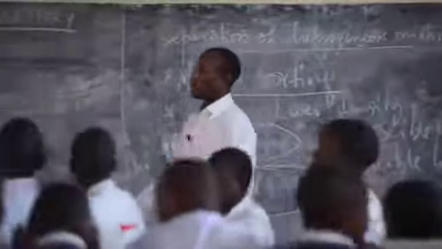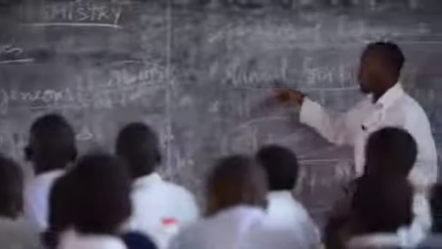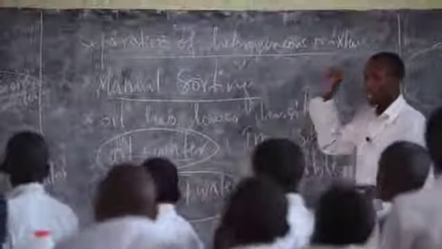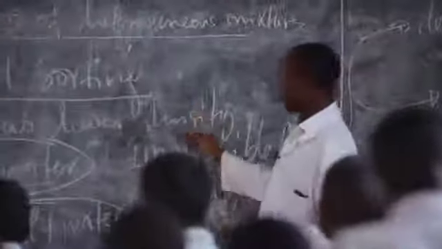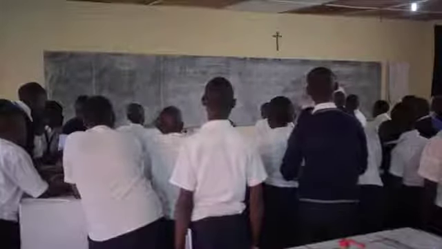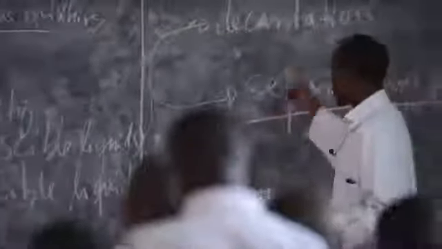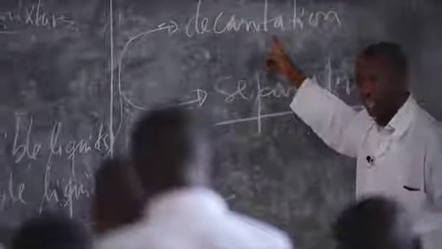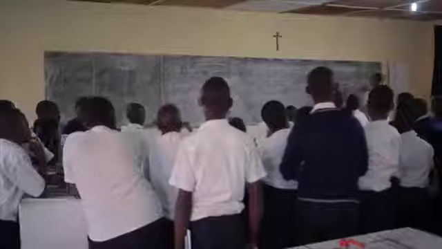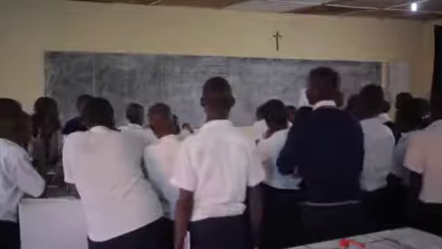Now you are able to separate the components of a heterogeneous mixture, where we have used rice and beans, and you are able to separate oil and water, which are immiscible liquids, using decantation as the method, and the instrument used is known as a separating funnel.